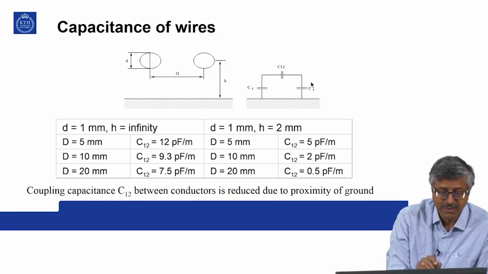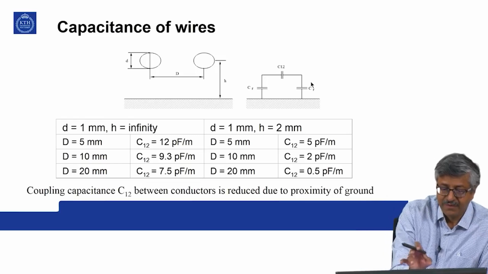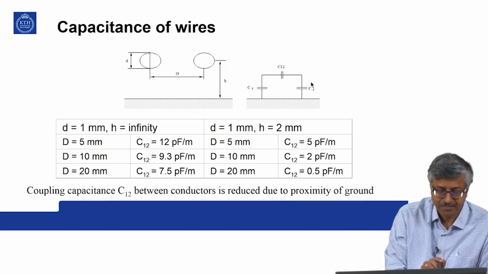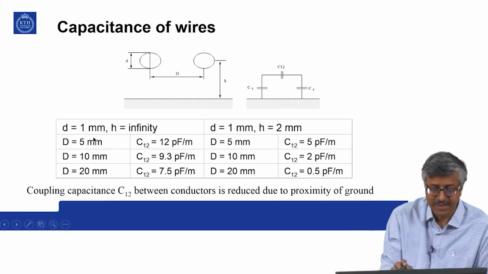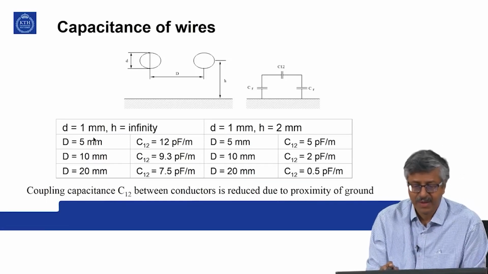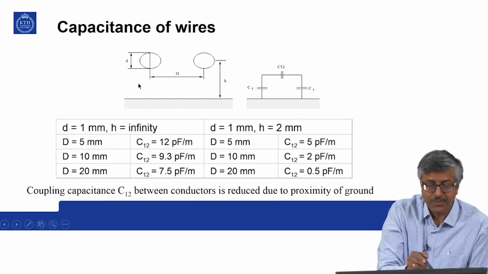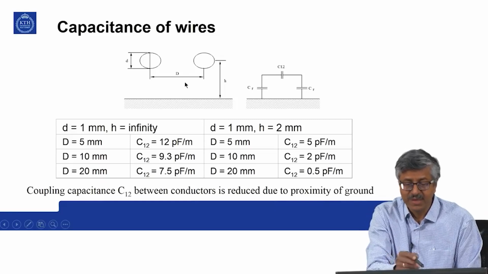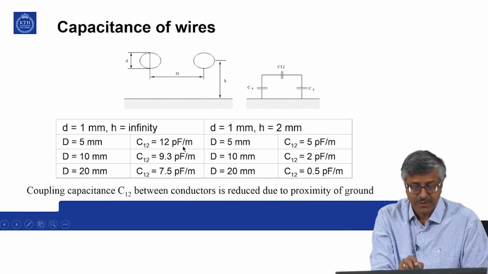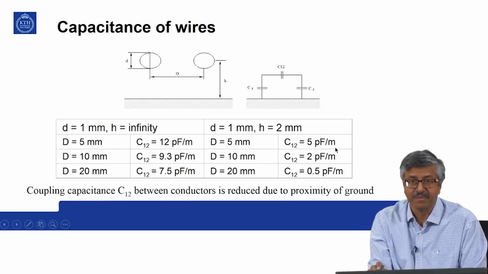Now, if the diameter is 1 millimeter and h is infinity, you do not have the influence of the proximity of the ground, it is in free space. So, when D equals 5 millimeter, the capacitance between them is 12 picofarad per meter. Now, here you are introducing a ground plane very close to these two conductors, just 2 millimeter away. Immediately you can see that the capacitance value reduces from 12 picofarad to 5 picofarads per meter.